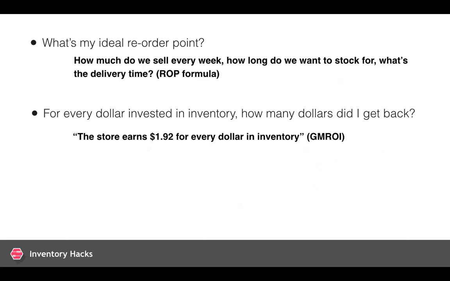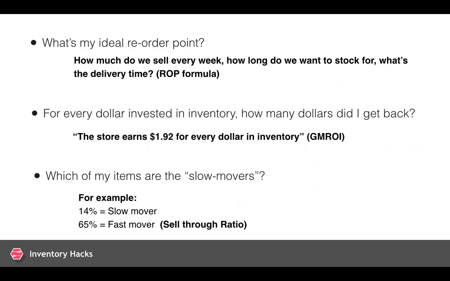Now, the third thing we needed to know and keep an eye on was this. We wanted to know which of our items were the slow movers, how fast we were selling our products. And this usually showed in percentage, and the lower the percentage, the slower it sells.